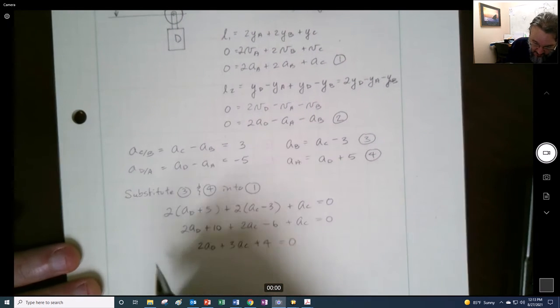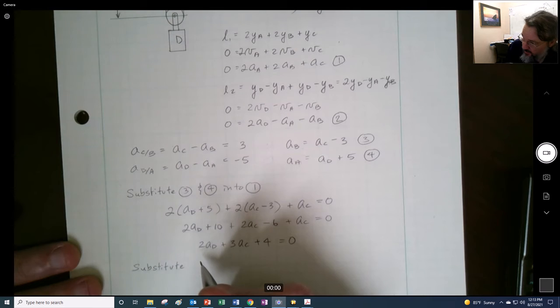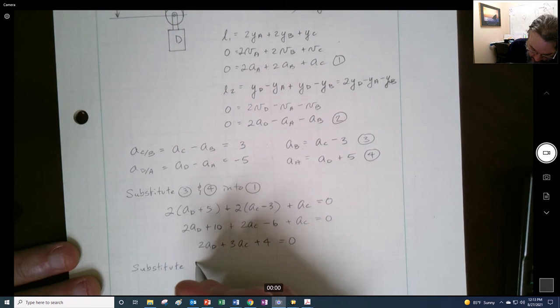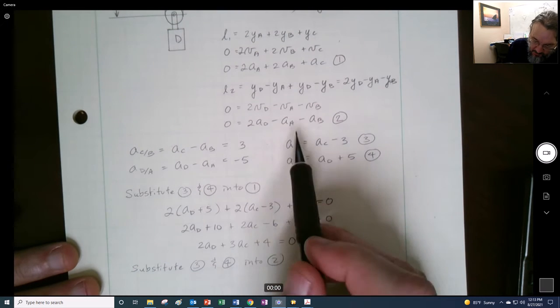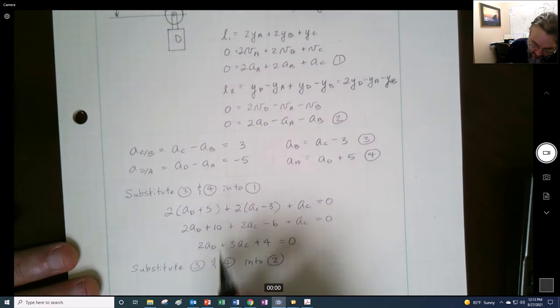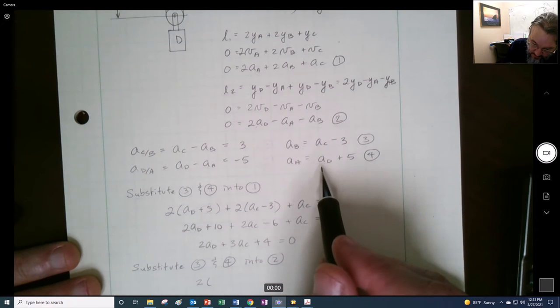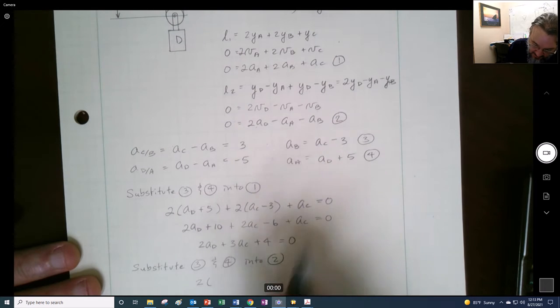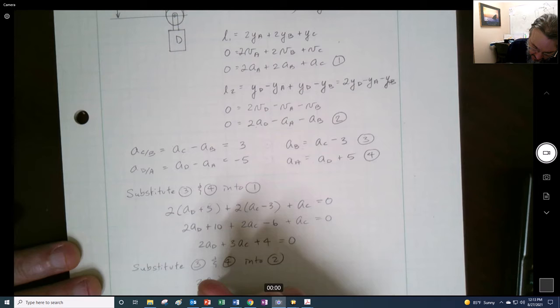All right, now I substitute 3 and 4 into 2. So I'm going to put this back up into here. So I'll have 2 times AD. Oop, nope, I'm going to leave that the same. I'm going to leave that as 2 times AD. That's fine.